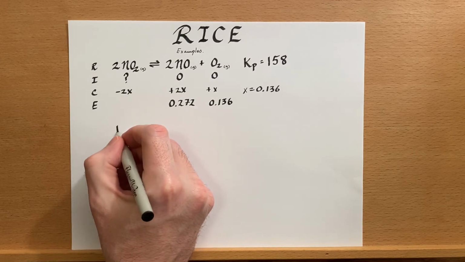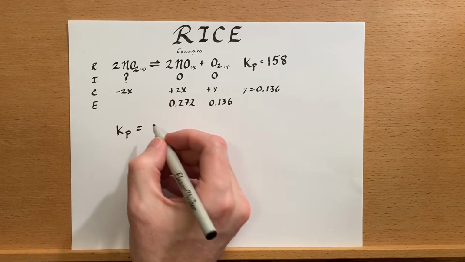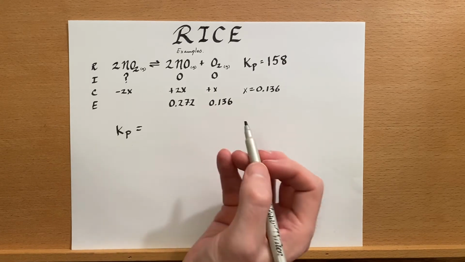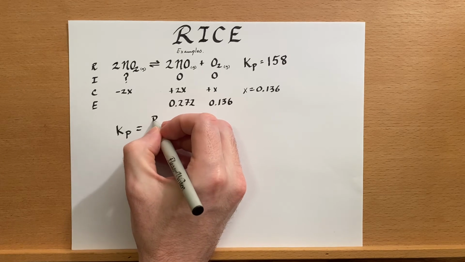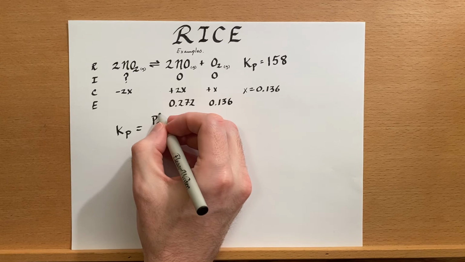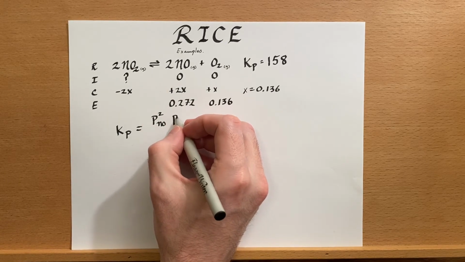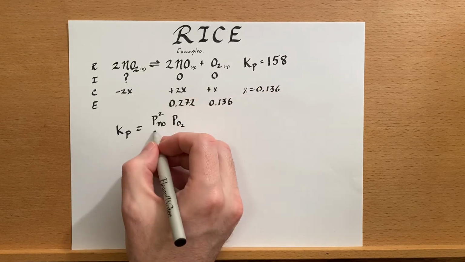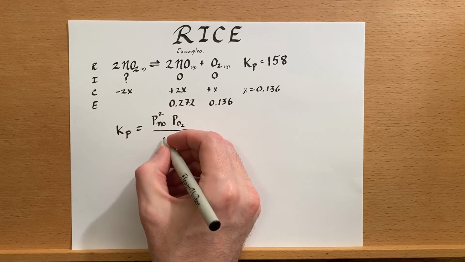So Kp equals, and since this is all in pressure units, we just write pressures instead of concentrations here. So P of NO squared, because there's a 2 there, times the pressure of oxygen, no square there, all divided by the pressure of NO2 squared.